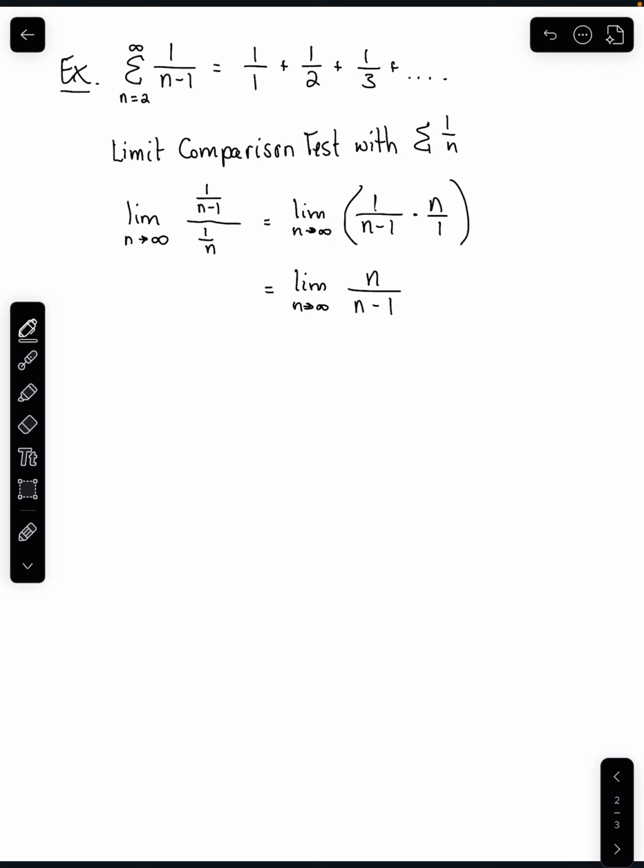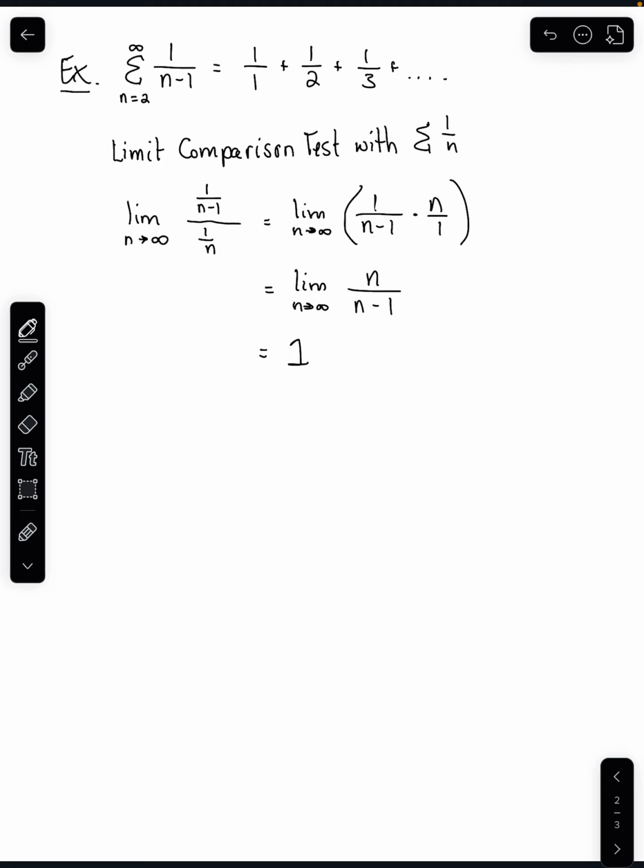Now, without going through all of the algebra necessary to evaluate this limit, we could use L'Hopital's rule. We also could use the idea of multiplying the top and bottom both by 1 over n. We also can just recognize that this is a rational function with the same degree numerator and denominator, and thus, when n approaches infinity, the function approaches the ratio of the lead coefficients, which in this case is 1.